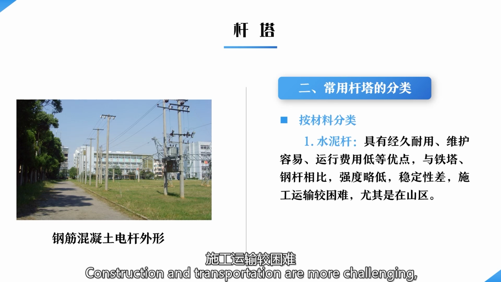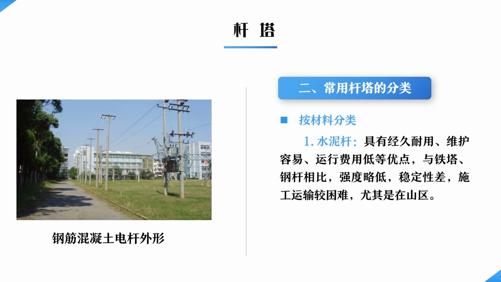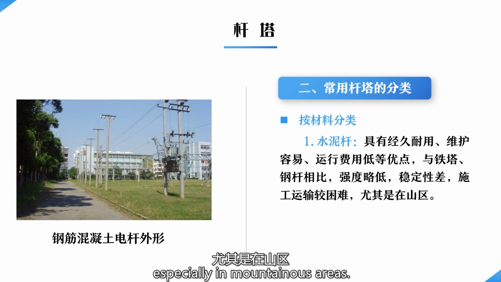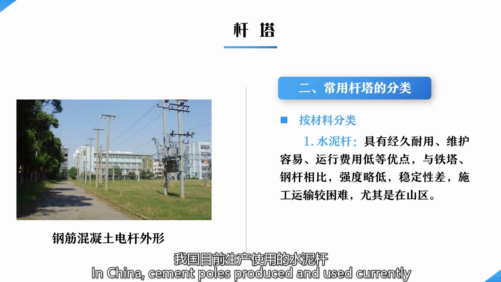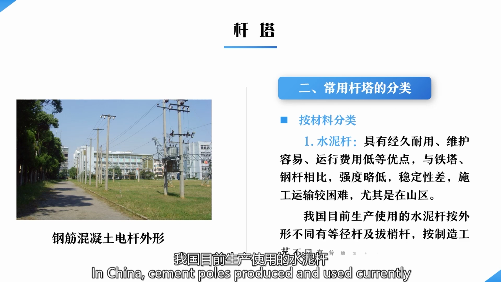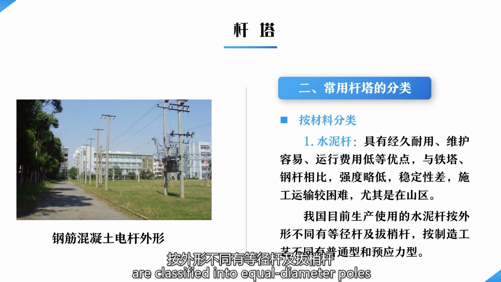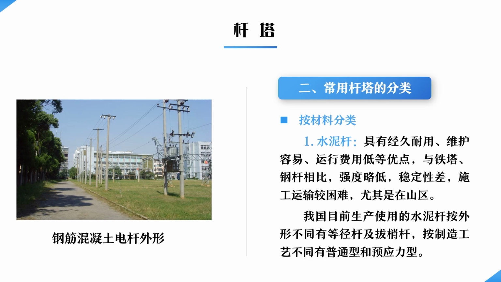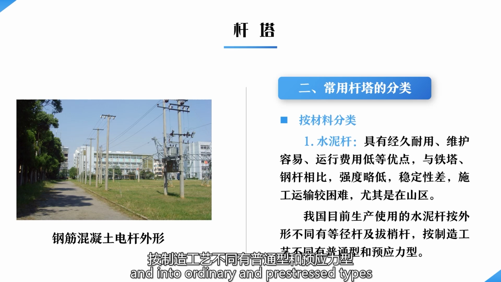Construction and transportation are more challenging, especially in mountainous areas. In China, cement poles produced and used currently are classified into equal diameter poles and tapered poles based on their shapes, and into ordinary and pre-stressed types based on manufacturing processes.